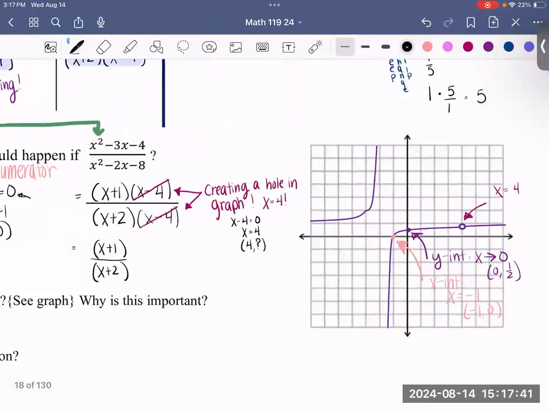Now, what else is given? If your numerator is giving your x-intercept, what the heck is your denominator giving you? Well, your denominator is giving us something called an asymptote. Well, what is an asymptote, right? This is where we have a line that your graph cannot cross.